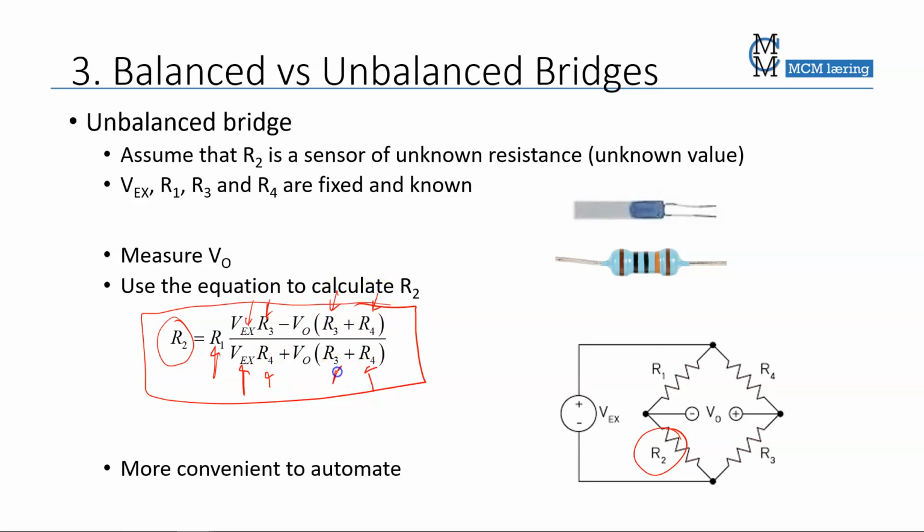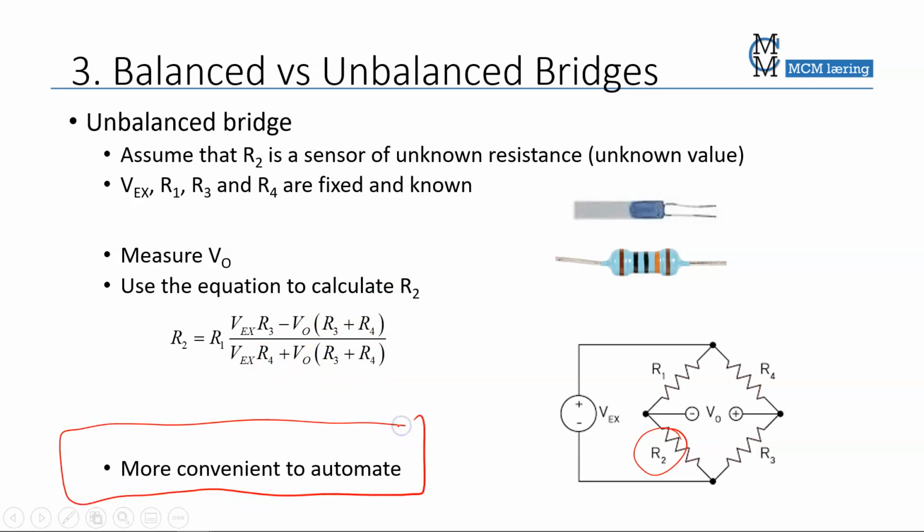They are all fixed, apart from this one and this one, the one that we have to measure. And from that, we put this into a calculator and calculate the value of R2. So this is much more convenient to automate, and it's called an unbalanced bridge because the voltage across the A and B terminals is not 0 volts.